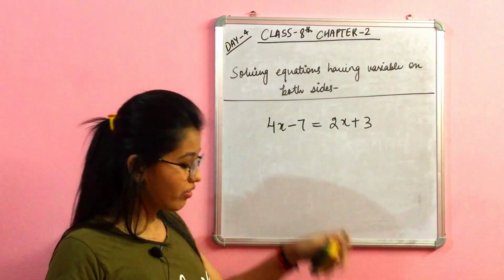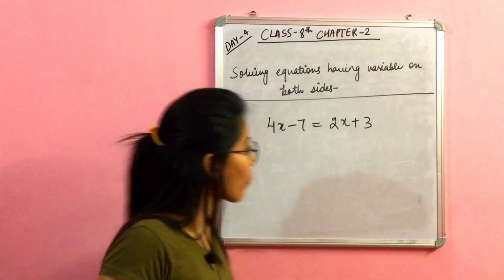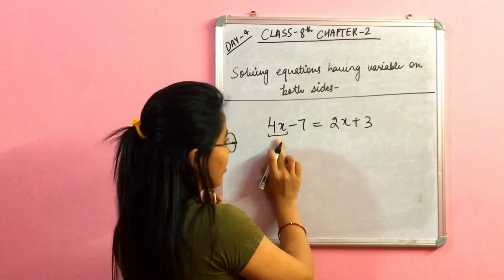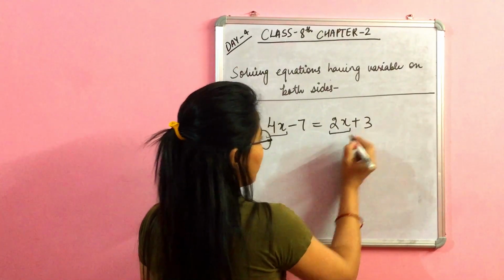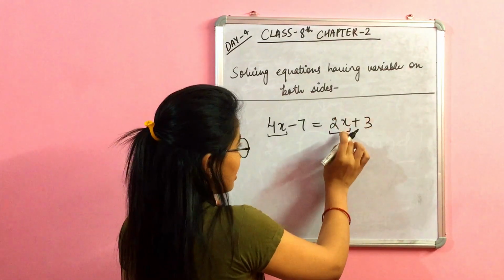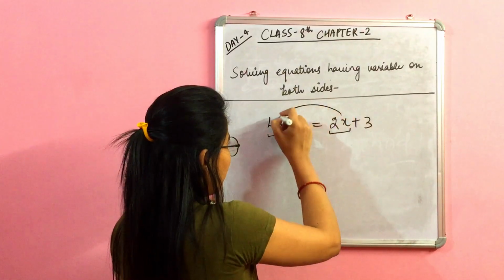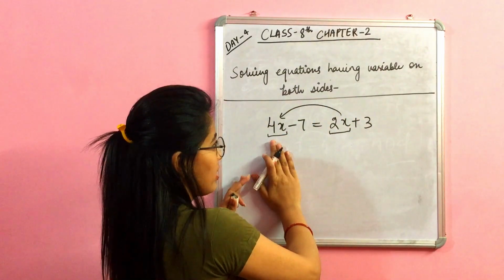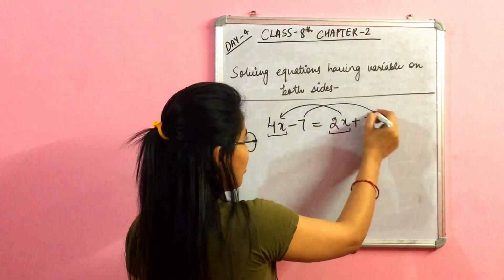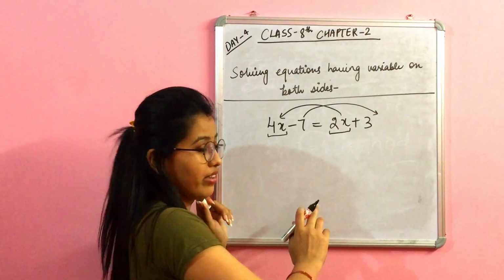Now, how will we solve this equation? This is the term with the variable, and similarly this is the term with the variable. So I will transpose the variable term to the left hand side, and transpose the constant term to the right hand side.